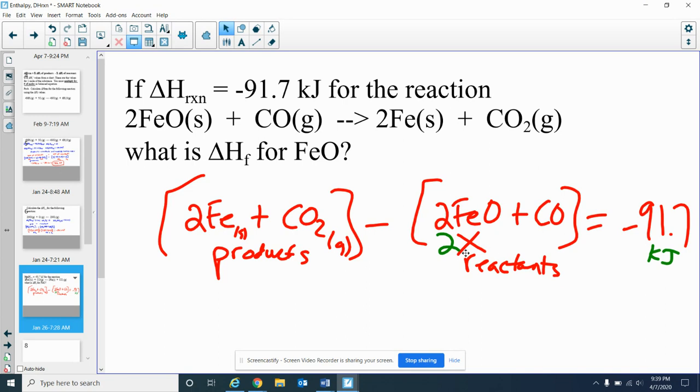So that would be my X, and there's 2 moles of it, so it would be 2x. So then this would just be an algebra problem where I would have all the values except for this one, and I could then solve for that value. So that's just a little bit of a variation. So that's how you can calculate heats of reaction by using heats of formation.